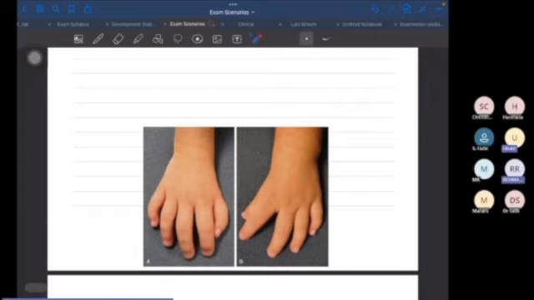Now I'm going to check for the brachial pulses on both sides. You can feel the brachial pulse, and the pulse is regular and normal in volume. Any delay on the left side? No, there's no delay between both brachial pulses. Okay, fine.